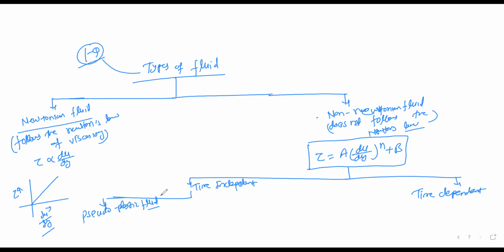Remember the condition for the pseudoplastic fluid: n must be less than 1 and b must be 0. It is also called a thin fluid. Examples of pseudoplastic fluid are blood, milk, paint, etc.